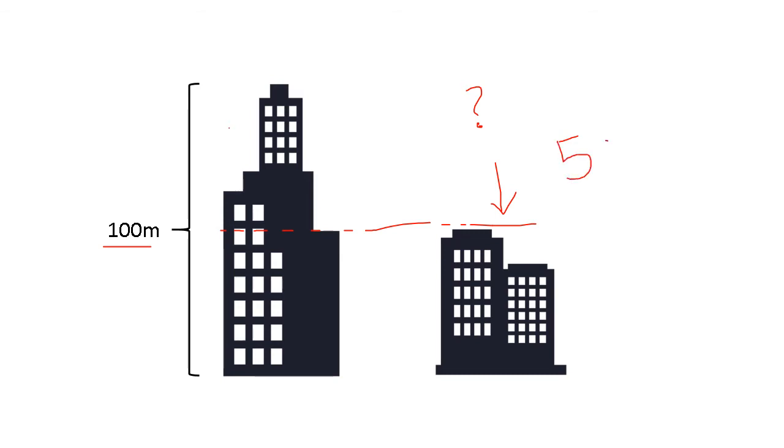Half of 100 is 50. So my estimate for the smaller building is 50 meters, and that's okay. It would be very difficult, impossible for me to measure the building, so an estimate is the best way for me to understand how tall it is.